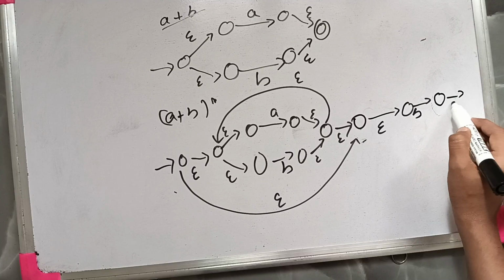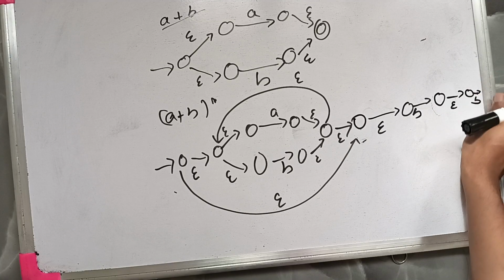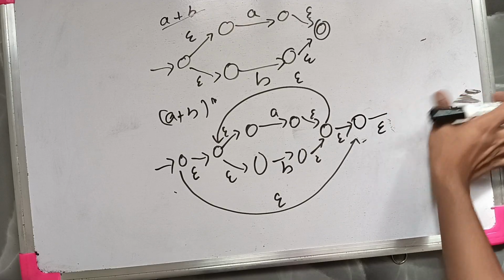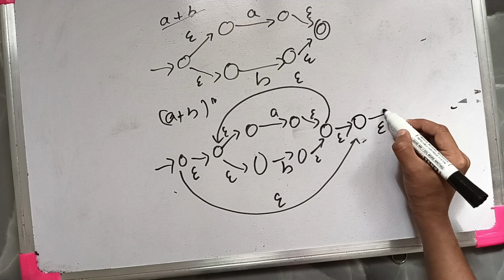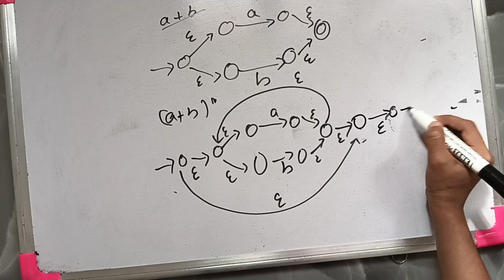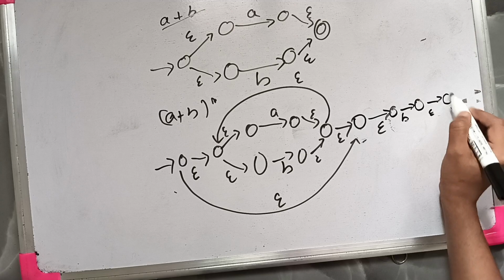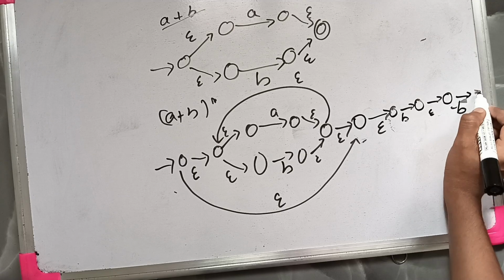So with the help of epsilon I write one more B, epsilon and B, next again epsilon and B here.